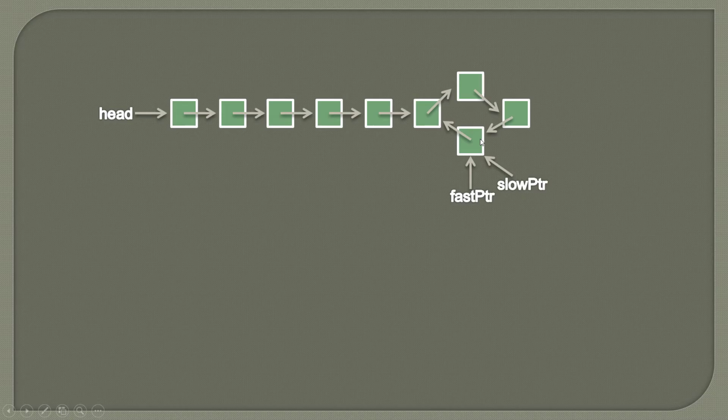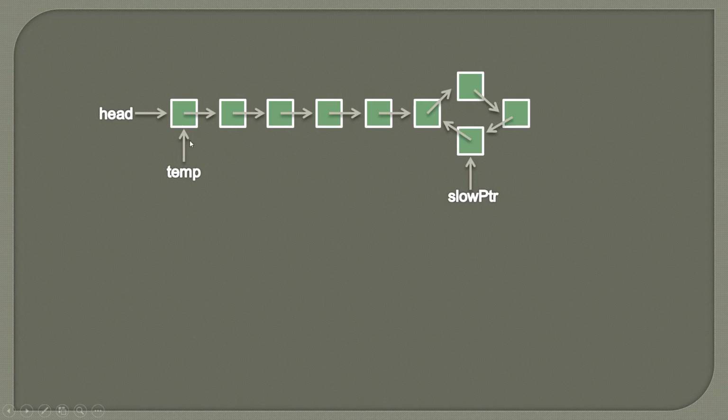The other part is to find the starting node of this loop. After finding the meeting point of the fast pointer and slow pointer, we keep the slow pointer here and move a temporary pointer from the head. This time we move the slow pointer 1 step and temp also 1 step.